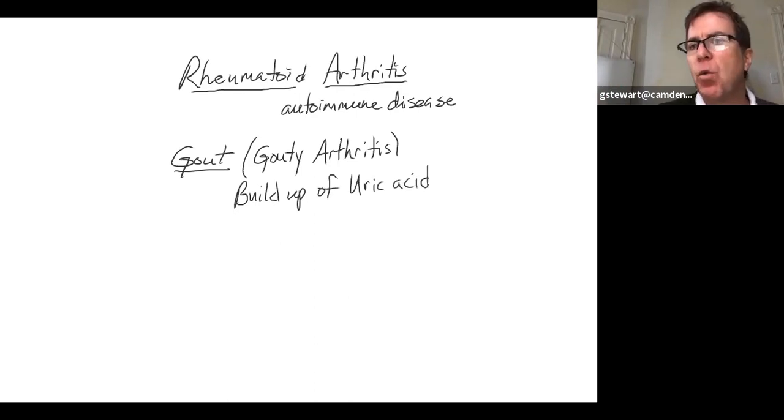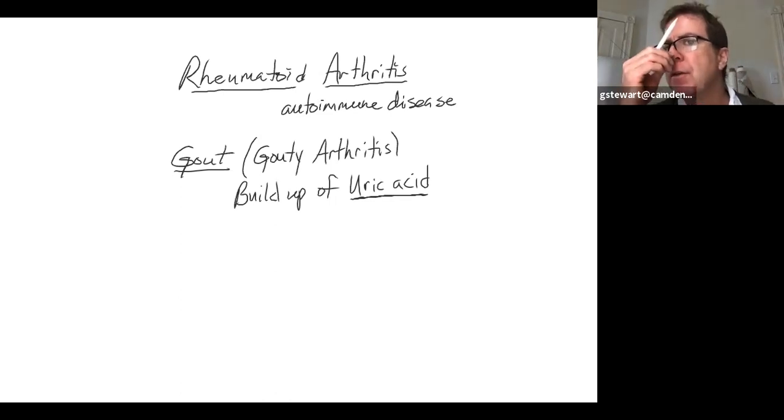Uric acid is a waste product that comes from the breakdown of nucleic acids in the human body. And typically, we just get rid of this in our urine. We excrete it because it's a waste product. But if we don't excrete it well enough, or there's an overabundance of its production, it builds up in our fluids.